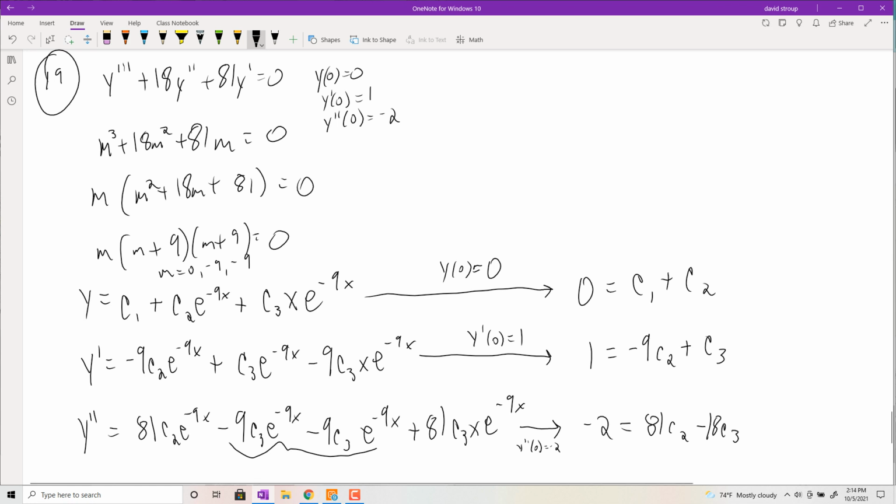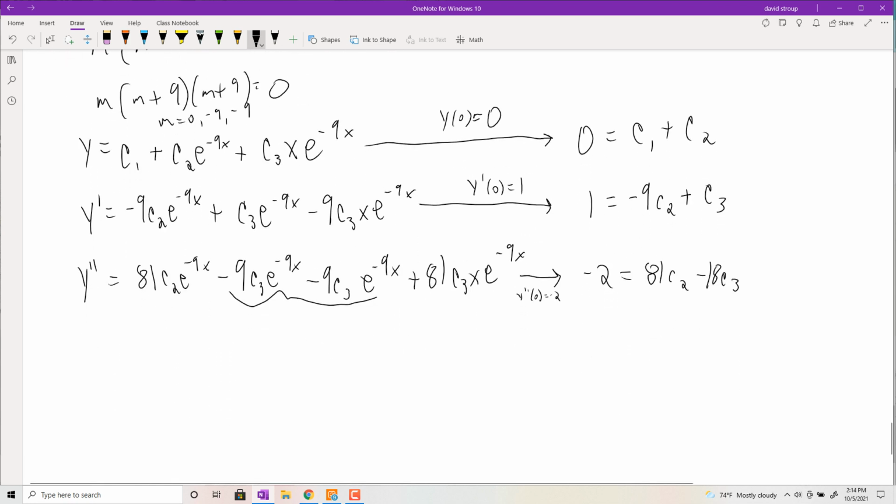Okay, so I got a little system of equations, 3 unknowns. I'll note here that c1 is just equal to negative c2. I could use these second equations and solve them. Okay, so get these guys as a team. Multiply the first one by 9.